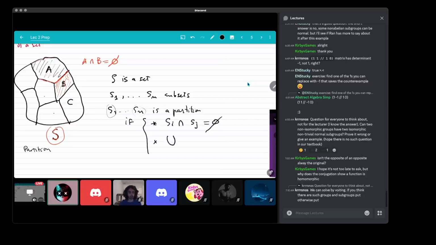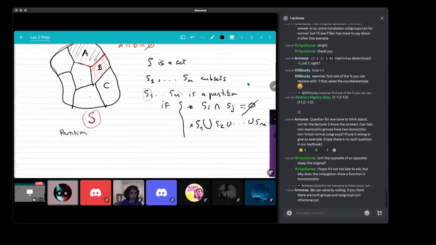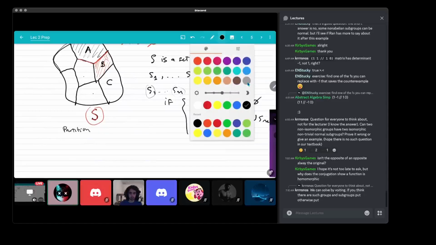And the union, S1 union S2 and so on, is equal to the whole set. So it's in some way a perfect classification of the set.